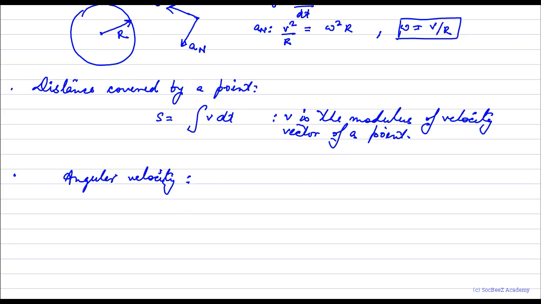It is similar to velocity, where velocity was defined as the rate of change of displacement. For angular velocity, we will define angular velocity as the rate of change of the angular displacement. So angular velocity is defined as d phi by dt. This is basically the instantaneous angular velocity. The average angular velocity would be defined as del phi by del t, similar to the average velocity.